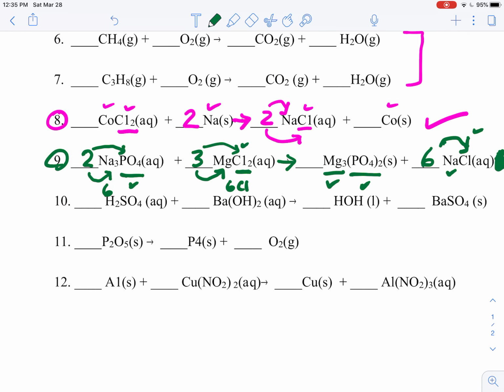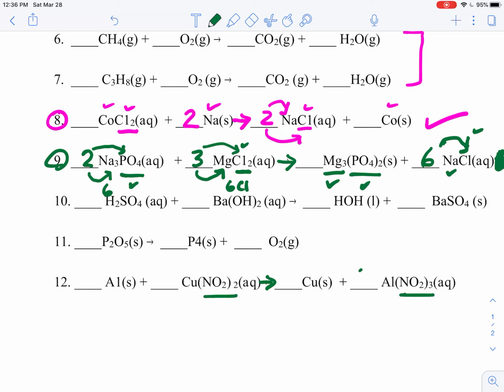I will maybe scoot down to looking at something like number 11, where I have 2 NO2s on the left and 3 NO2s on the right. I have to make sure that they both are multiplied by something that will make them equal.